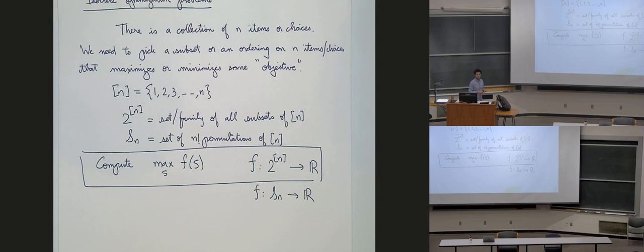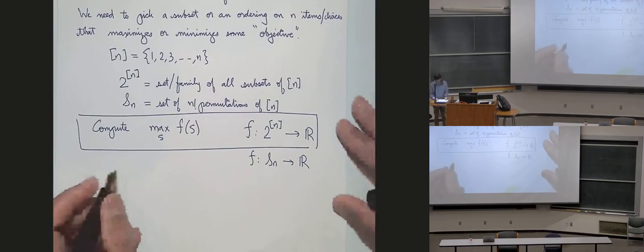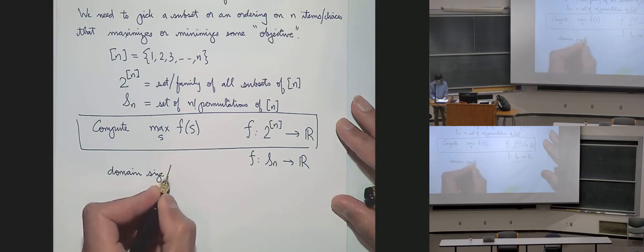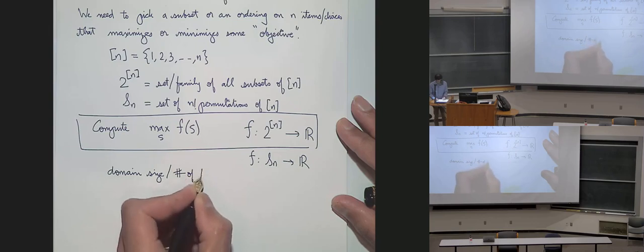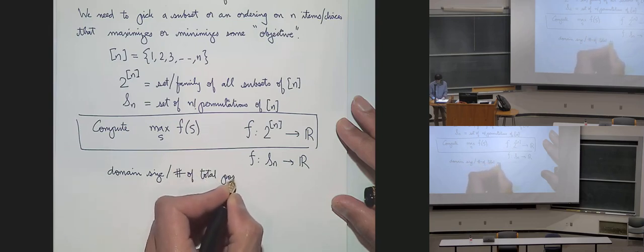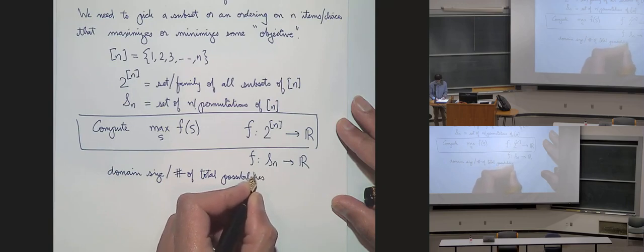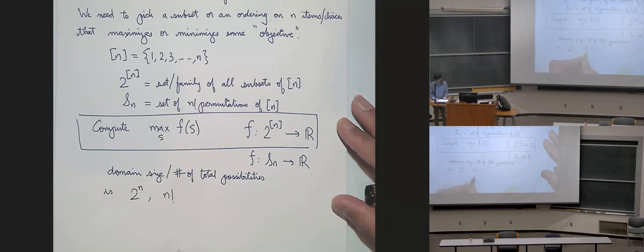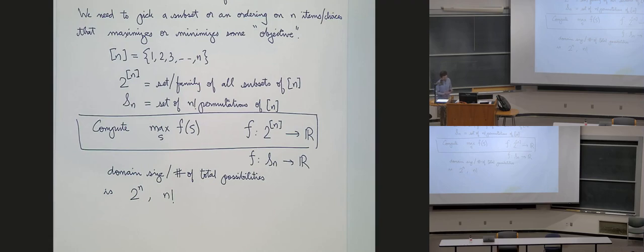Any? Yeah? It's 2 to the n. Like in the first case, it's 2 to the n. In the second case, it's n factorial. So the number of options that you have is huge, is exponential. So think of the domain size, or the number of total possibilities, as either 2 to the n or n factorial.